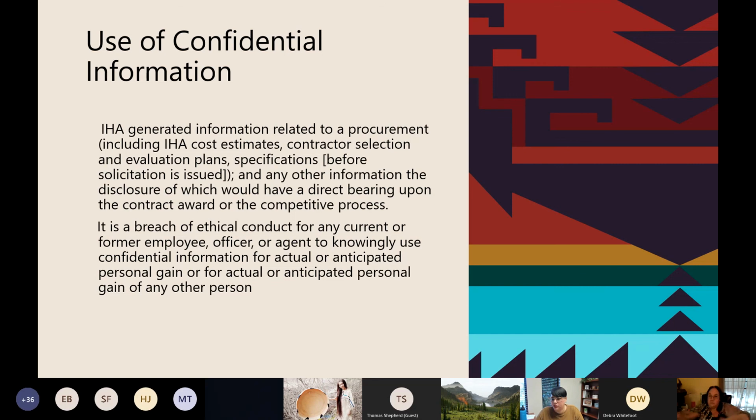You're not supposed to let that out. It's a breach of ethical conduct for any current or former employee, officer, or agent to knowingly use confidential information for actual or anticipated personal gain, or for actual or anticipated personal gain of any other person.